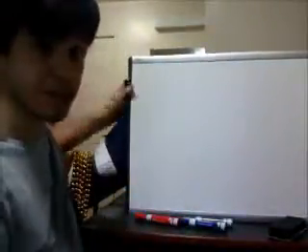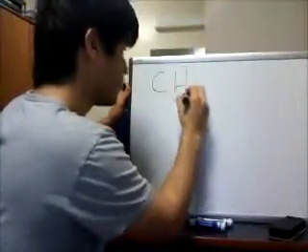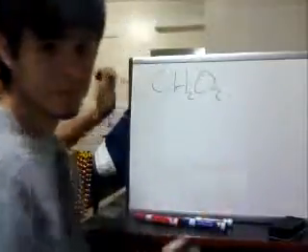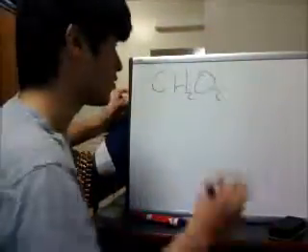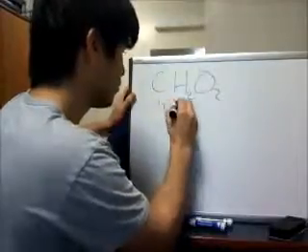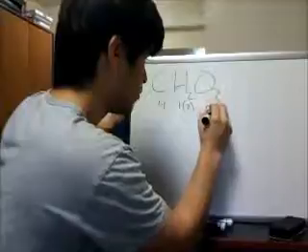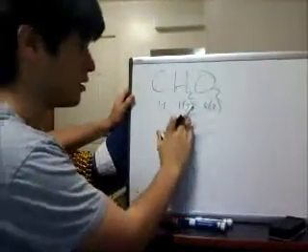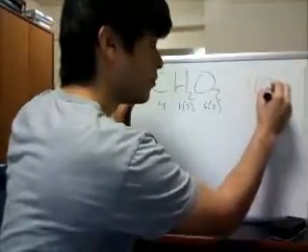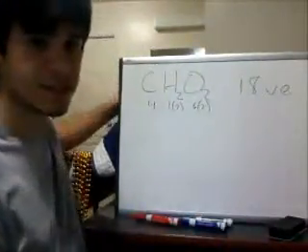Next, let's look at CH2O2. So again, let's start by counting the valence electrons. So we have 12, 16, 18. 18 valence electrons.